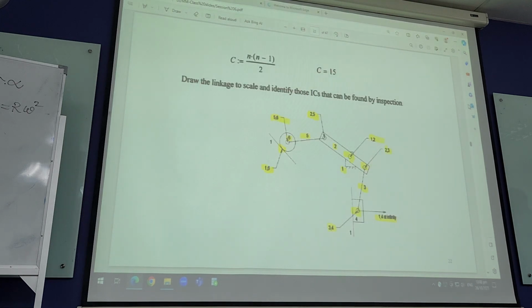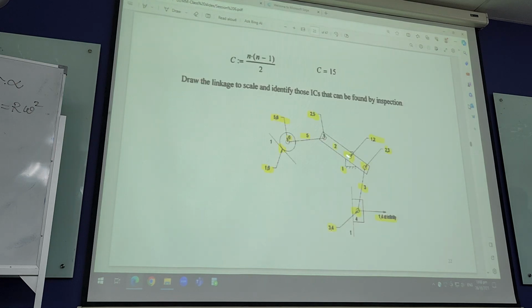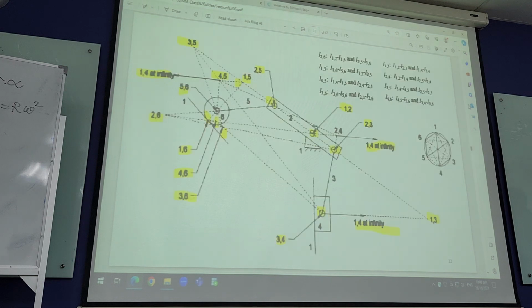Okay. So in this case, again, finding the 15 ICs. For this mechanism, these are the things you can identify by visual inspection. Even this is an IC, this is an IC. All the pin joints you can locate. Then again use Kennedy's theorem.